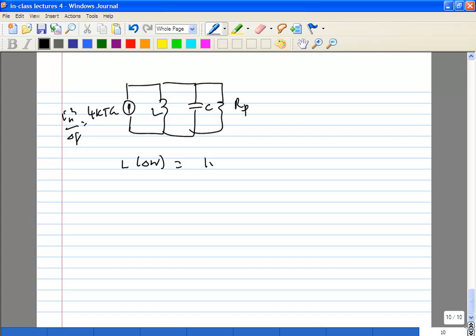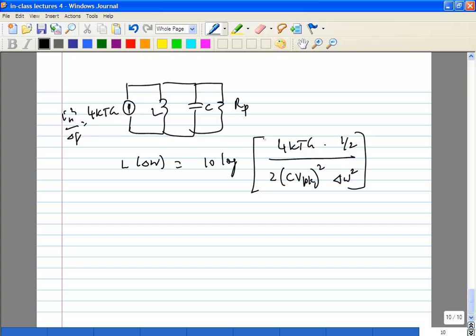L of delta omega is 10 log, IN squared of delta F, which is 4 kTg, gamma squared RMS is half, by 2. Okay. The C times the V peak is nothing but root 2 V naught.